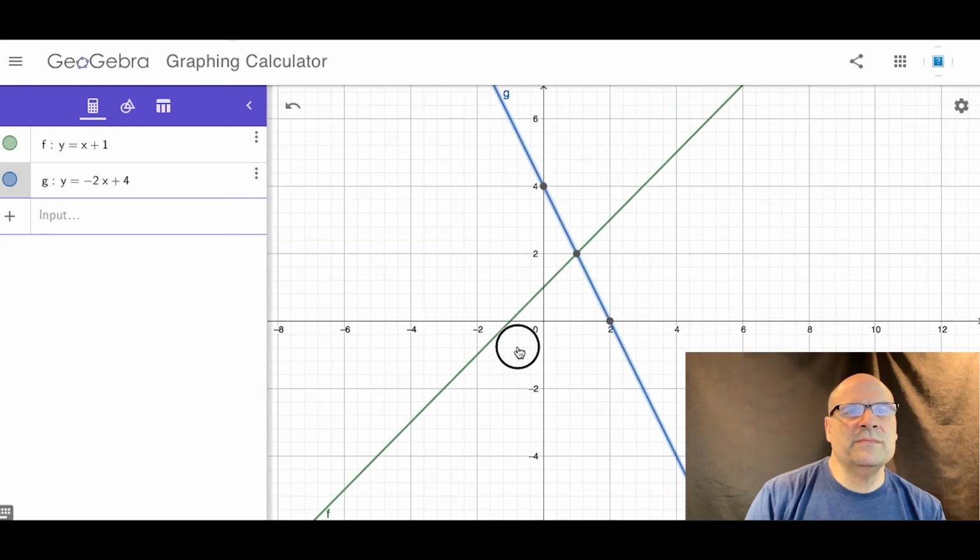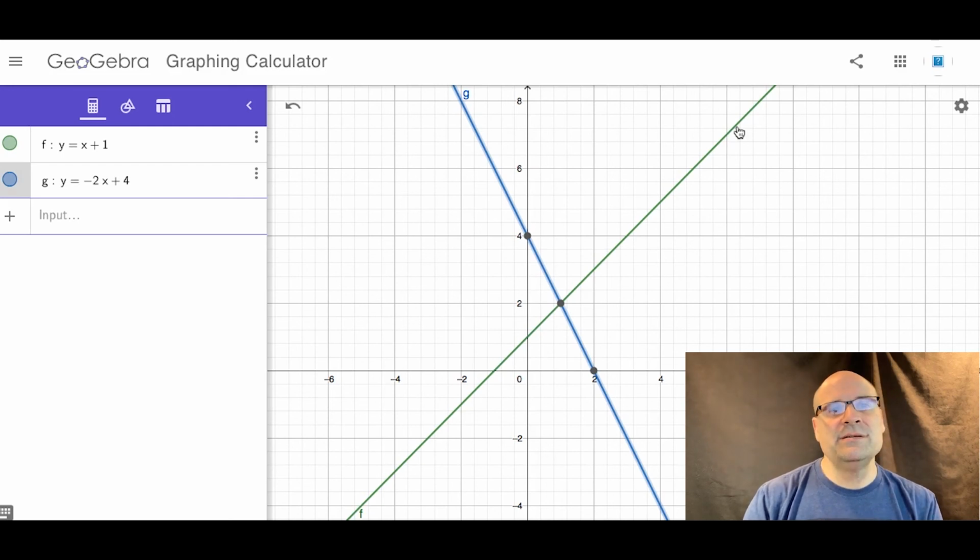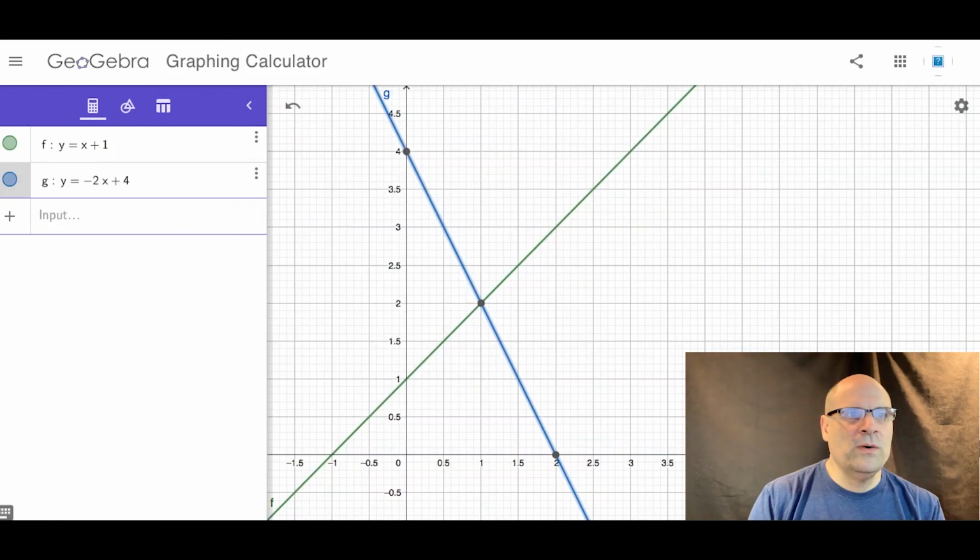But look at this. This is pretty sweet. This point right here is where these 2 lines intersect. These 2 lines represent these 2 equations over here, okay? So this point is true for this equation, and this point is true for this equation. So this xy value is what works in both equations. So what's this xy value?